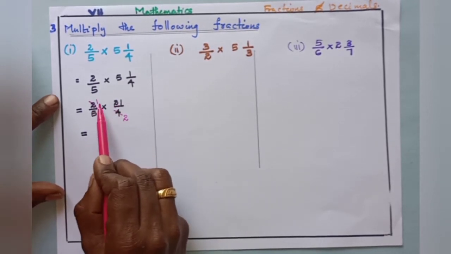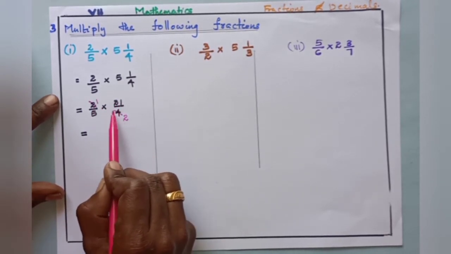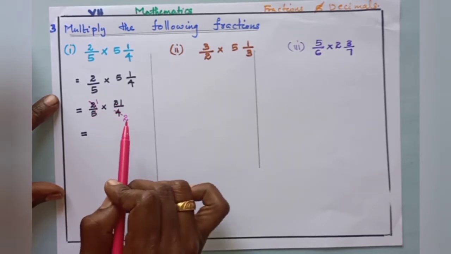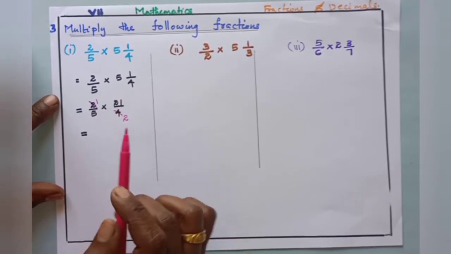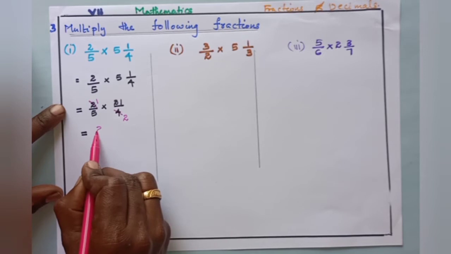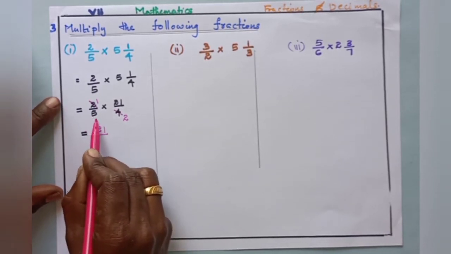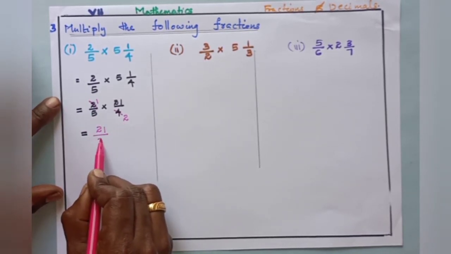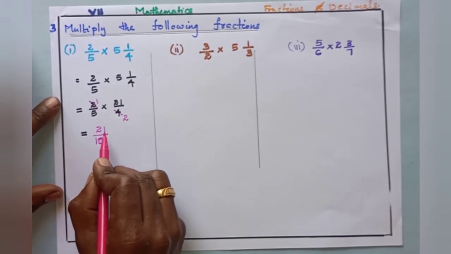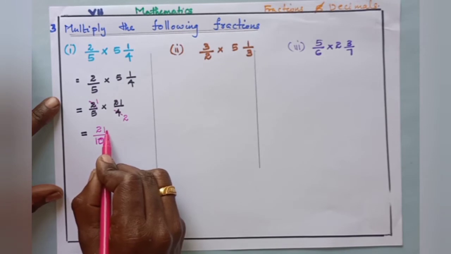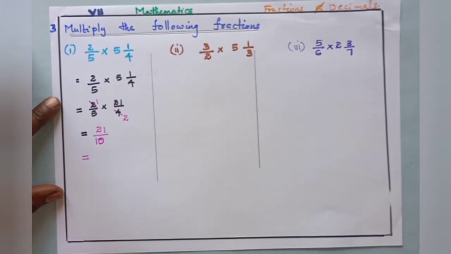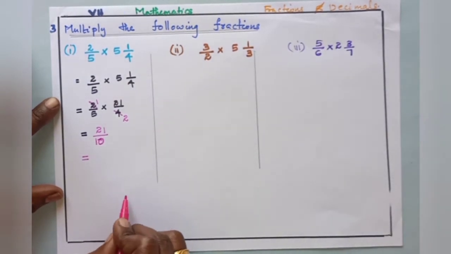Next, again is any cancellation possible? 1, 21 in the numerator, 5, 2 in the denominator: not possible to cancel. So 1 into 21 by 5 into 2, 10. See, the numerator is greater than the denominator, an improper fraction, so convert into a mixed fraction, isn't it?